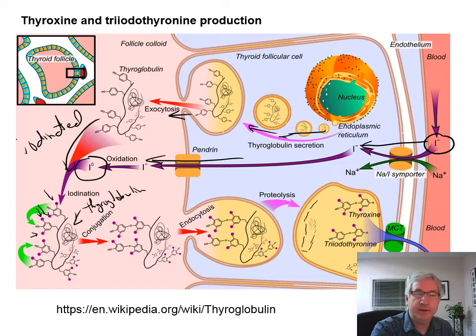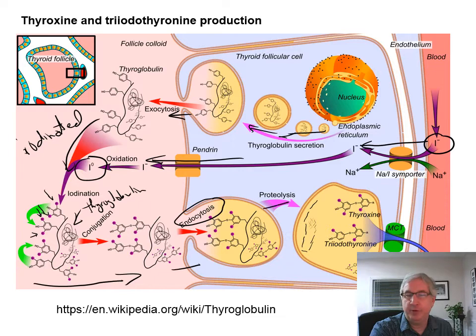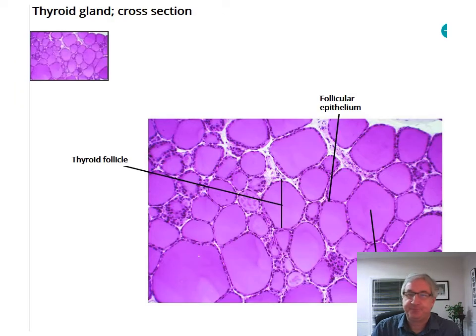And then after it's iodinated down here, the cell takes it back up through endocytosis, and then the protein is cut into little pieces, and thyroxine and triiodothyronine are sent out into the bloodstream. So that's how the whole process works. It's kind of amazing people put all this stuff together. I think it's really fascinating. Anyway, all right, next slide.